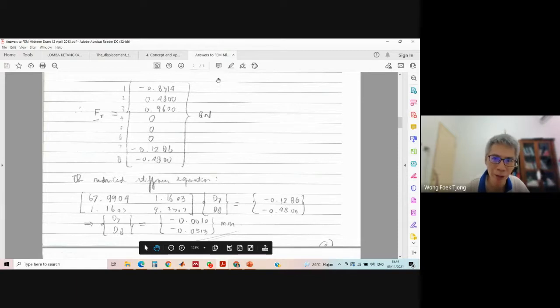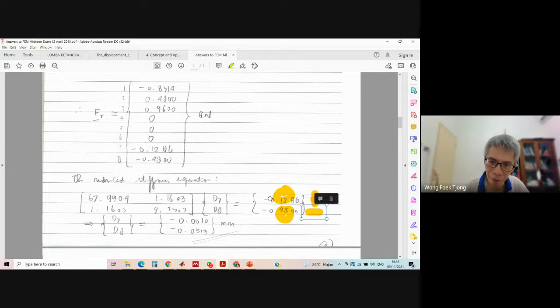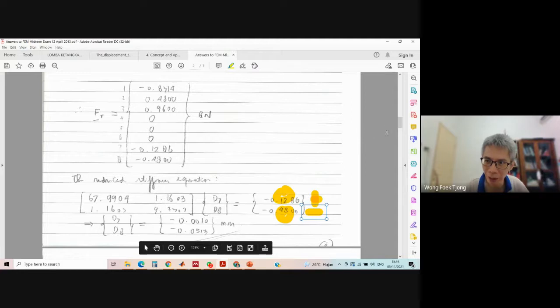How to make this zero? By adding the same values, right? So we should apply, in other words, the force that is opposite to this direction. That's to make this zero. When this is zero, this becomes zero.